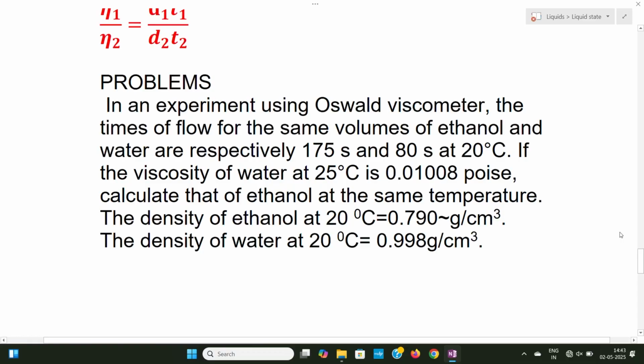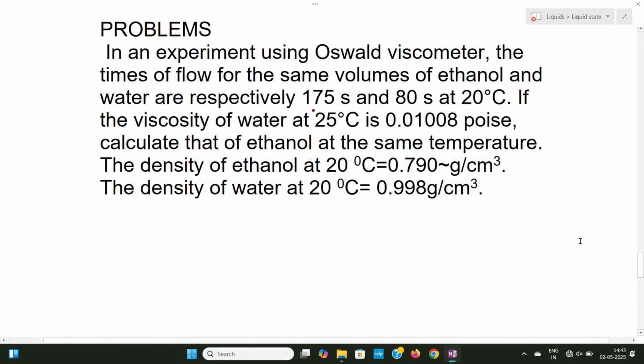The first problem is: in an experiment using an Ostwald viscometer, the times of flow for the same volumes of ethanol and water are respectively 175 seconds and 80 seconds at 20 degrees Celsius.